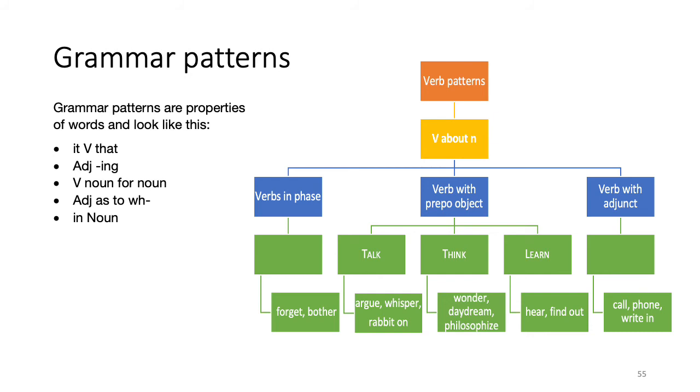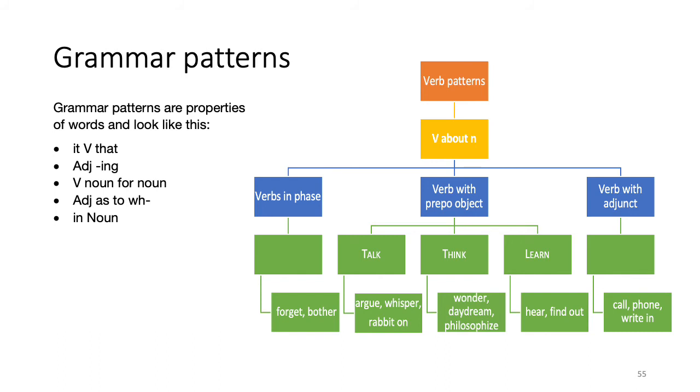This is one example of a verb pattern, the verb about noun. And there are three structures that it works in. These are in blue. And the middle structure has got three semantic groups. So there are a set of verbs in English which are to do with talking, which are followed by about noun. Argue, whisper, rabbit on.